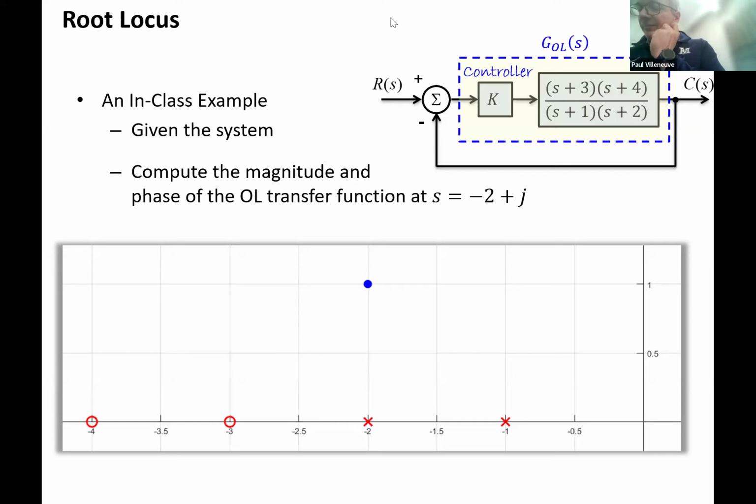Excuse me. Well, I'll do a stopwatch. I'll just make it easier.